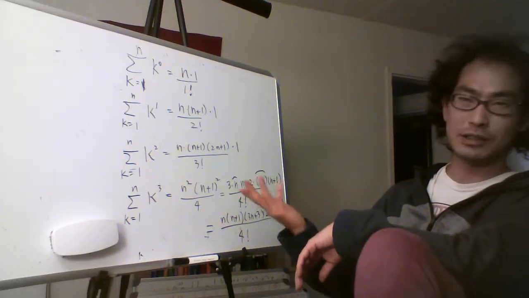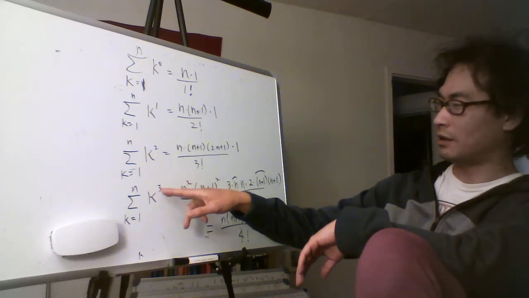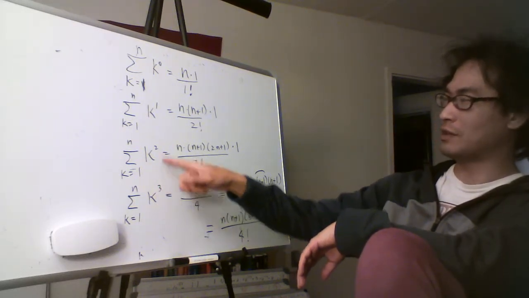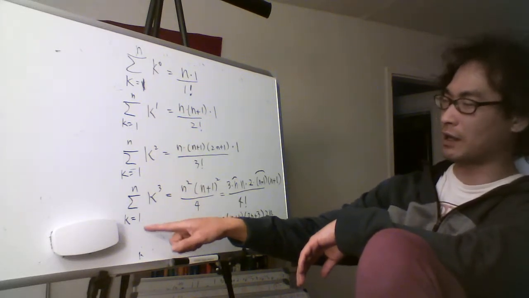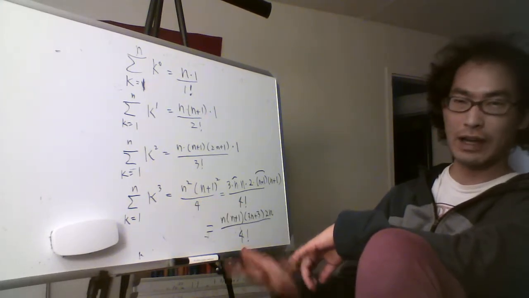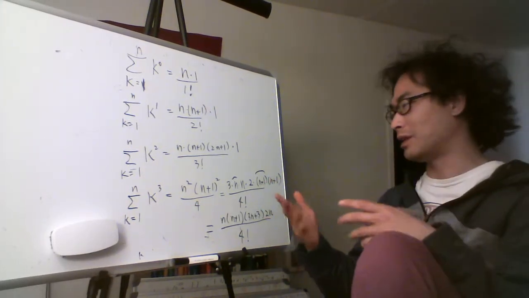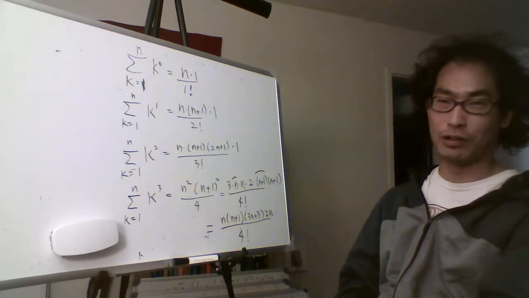Why don't you prove this? Come up with a formula for this dimension L: find out sigma k from 1 to n of k to the Lth power. Find that, because I tried but I couldn't. We've got to get back to that palindromic stuff.